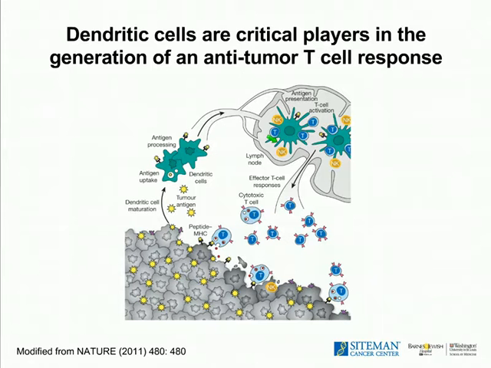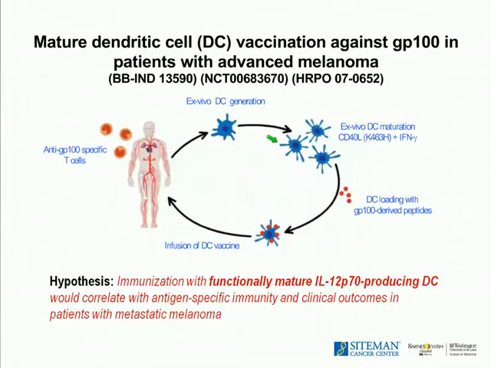For this reason, it has been postulated that dendritic cells should be important components of a vaccine, and multiple cellular therapies incorporating these cells have been studied to date.